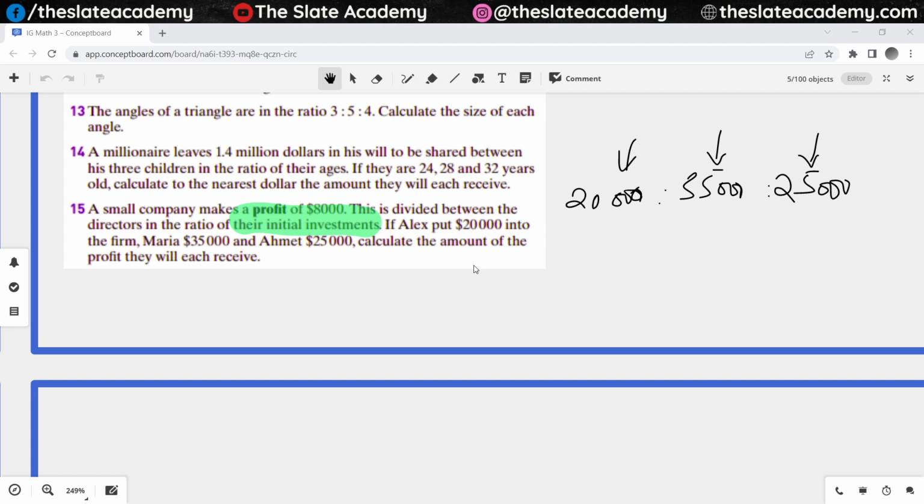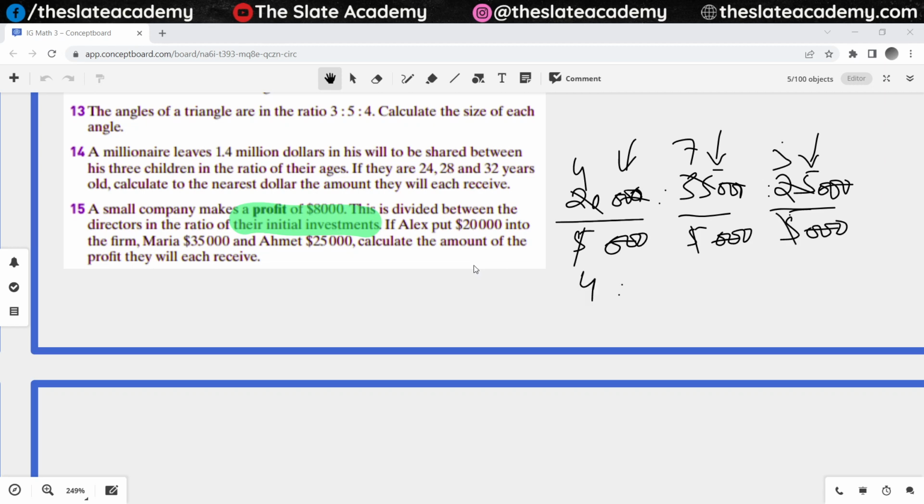But if you can simplify them to a smaller number, how do I simplify a number? I divide all of them by the same number. So I divided all of them by 5,000 because all of them are divisible by 5,000. So 1,000 cancels 3 zeros and 5 ones are 5, 5 fours are 20, 5 7s are 35, 5 ones are 5, 5 fives are 25. So I get 4 ratio 7 ratio 5.